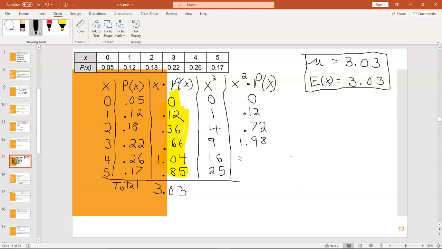I'm using a calculator, by the way. Don't feel like you have to do this nonsense in your head. Use technology, please. That's what it's for. That's 4.16. 0.17 times 25 is 4.25.